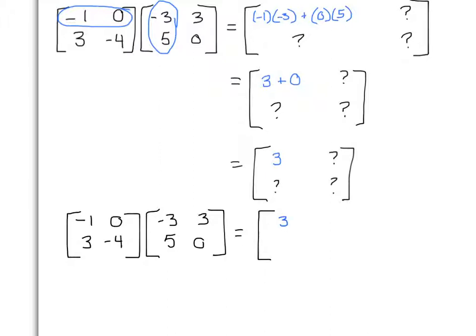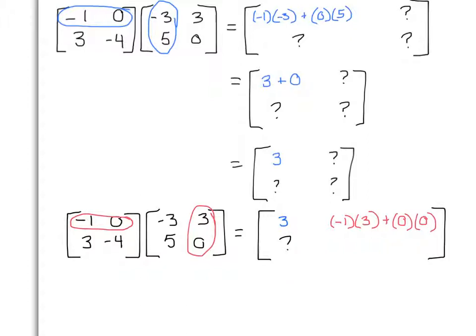Now I'm going to keep the first row and take the second column. So this is row 1, column 2. In our answer matrix, it'll go right here. We'll get the first element times the first element, so that's -1 times 3, plus the second element times the second element.